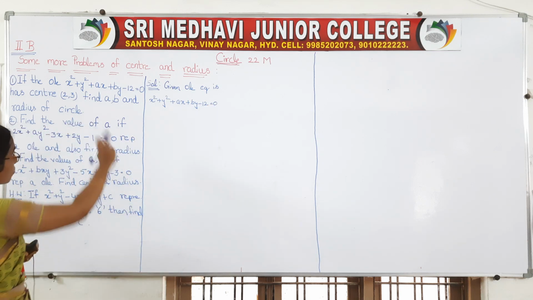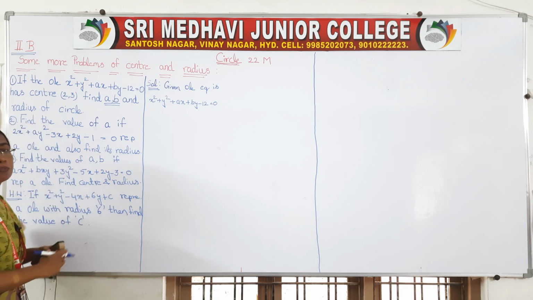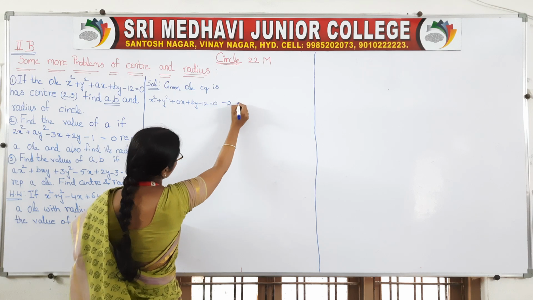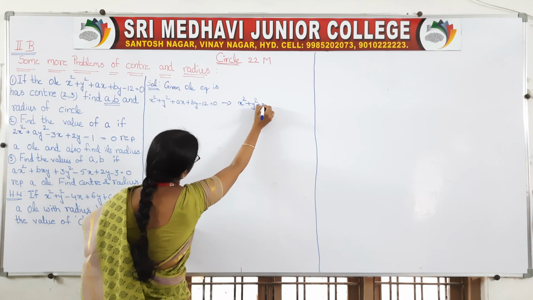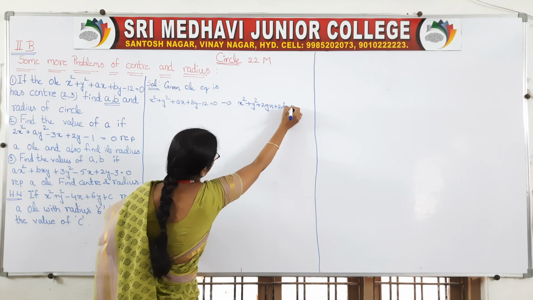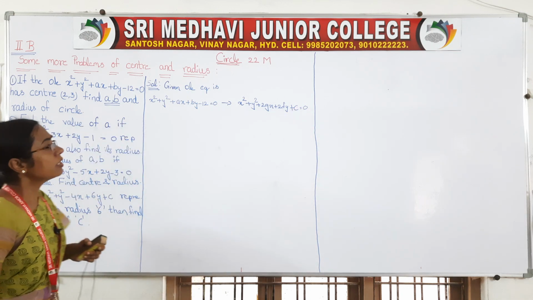And see the question, we have to find a, b and radius of the circle. So it is exactly in your general form x square plus y square plus 2gx plus 2fy plus c is equal to 0.